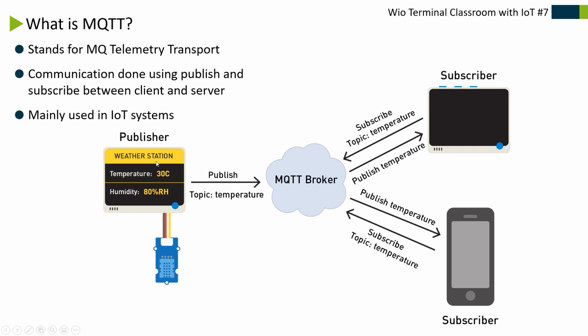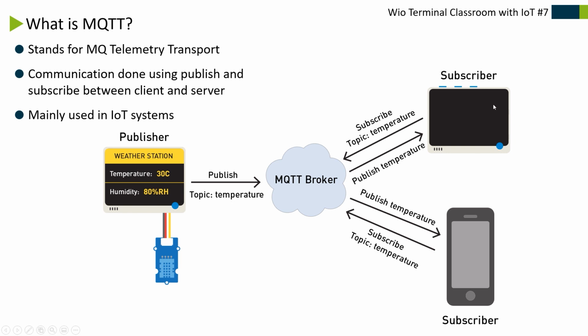The device can be set up as a publisher or a subscriber. When you set up a device as a publisher, it publishes the telemetry data to a certain topic configured in the MQTT broker. In this case, the topic is temperature, and the temperature sensor values are sent to the temperature topic inside the MQTT broker.